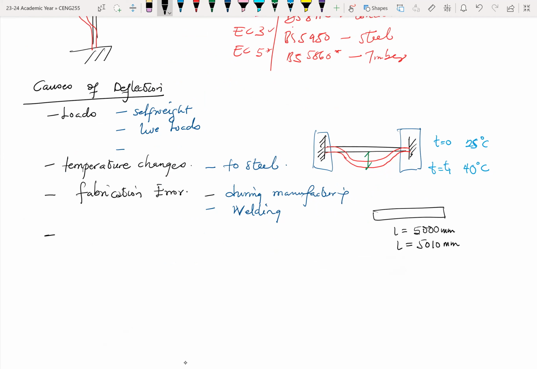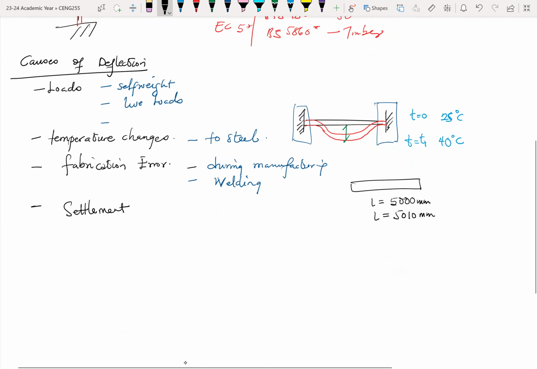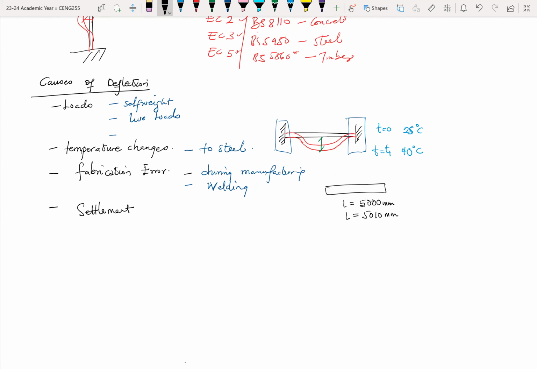Then we also have settlement of the structure. Settlement comes into play when we are looking at buildings in relation to the soil. So again, let me draw this nice building.